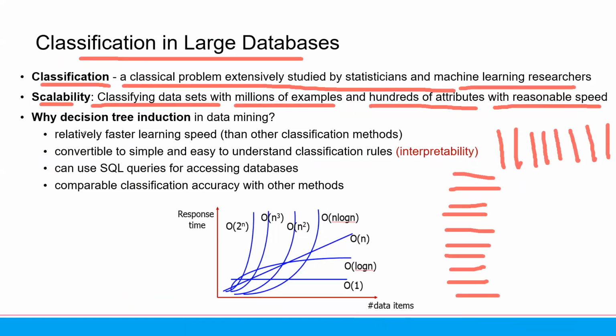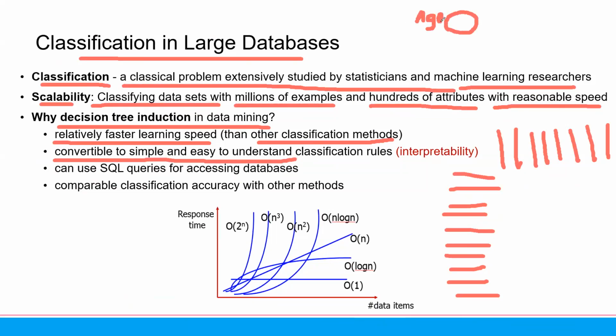Okay, so the decision tree induction in data mining is faster than other classification methods. That's why we learn the basic one, the decision tree induction. It is simple and easy to understand. So when you have the tree, you will have nodes, and the node represents the attribute.